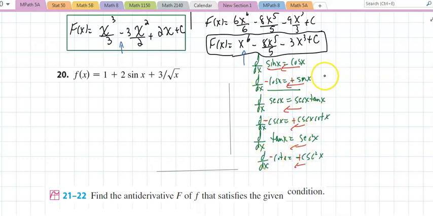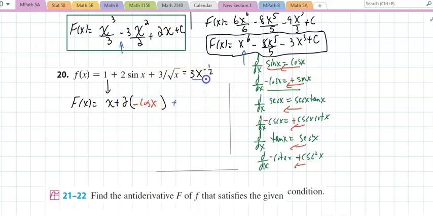So every time you're taking an antiderivative, you gotta really think in terms of those. First, I'm gonna write this as 3x to the negative 1/2. So when I take an antiderivative, that would be an x plus twice. And what do I take a derivative of to get sine? It has to be the negative cosine of x.